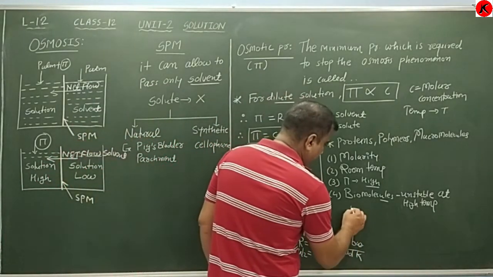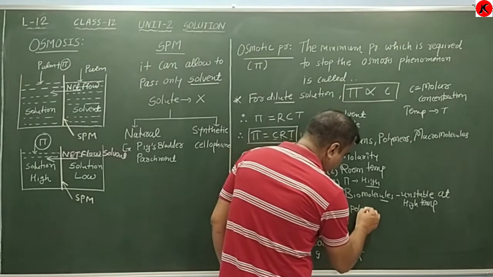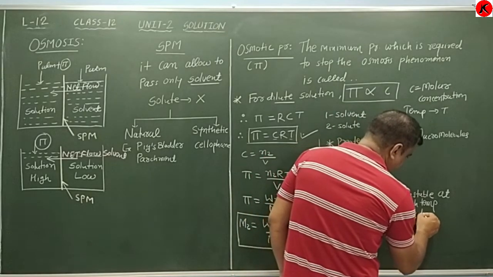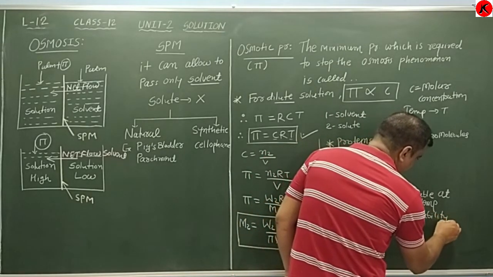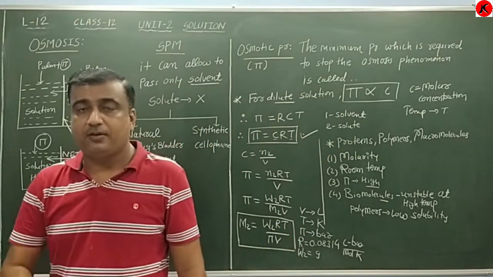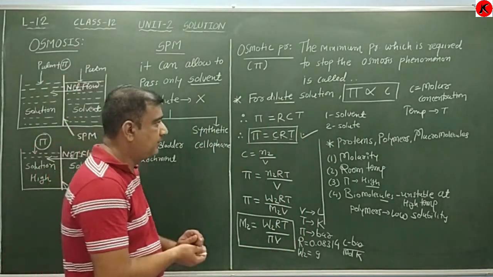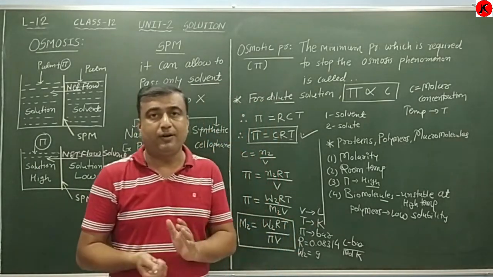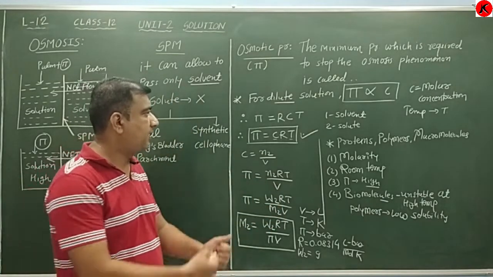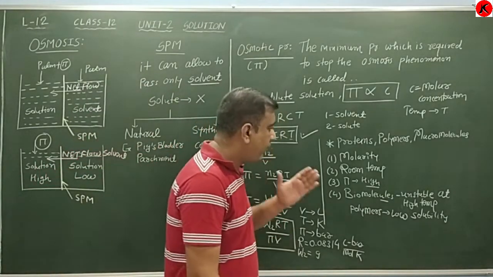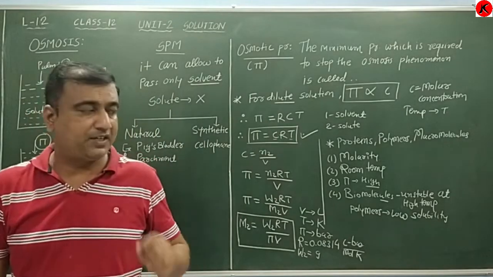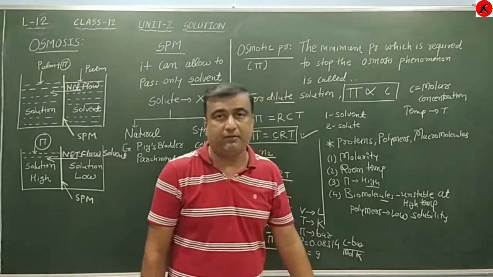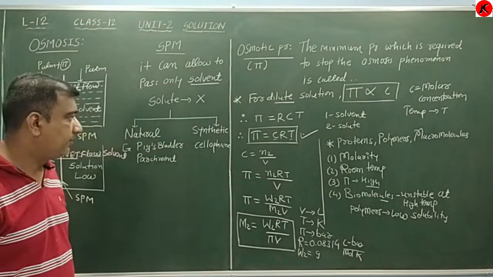Proteins and polymers have low solubility, so the change in colligative property will be very small. Finally, the conclusion is that to determine the molar mass of proteins, polymers and macromolecules, the osmotic pressure method is always used because it has these advantages over other methods.